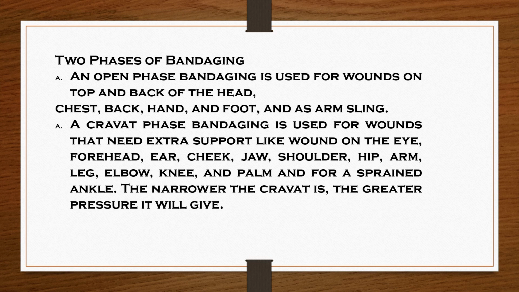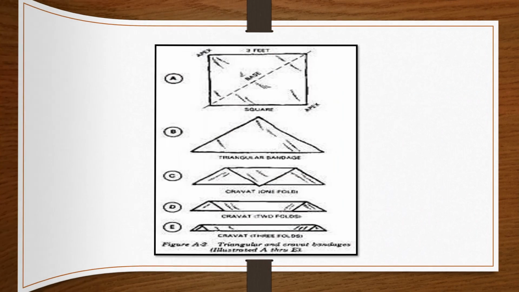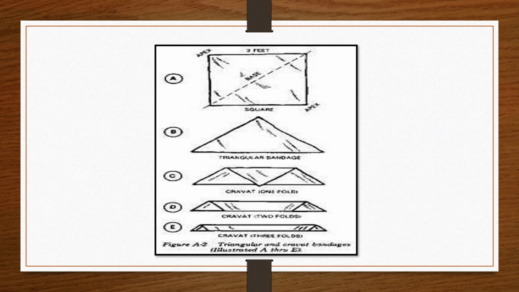A cravat-based bandaging is used for wounds that need extra support like wound on the eye, forehead, ear, cheek, jaw, shoulder, hip, arm, leg, elbow, knee, and palm, and for a sprained ankle. The narrower the cravat is, the greater pressure it will give. So this is the example of triangular bandage: the cravat fold and the cravat close.